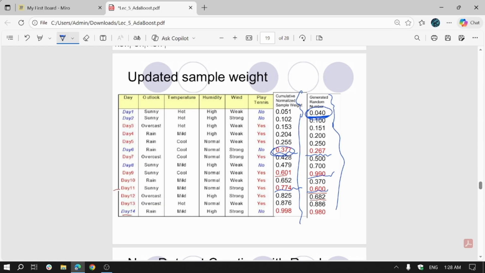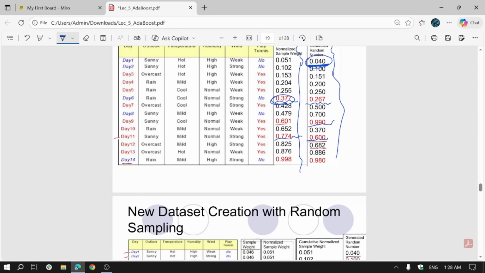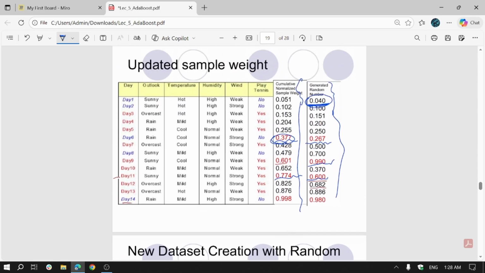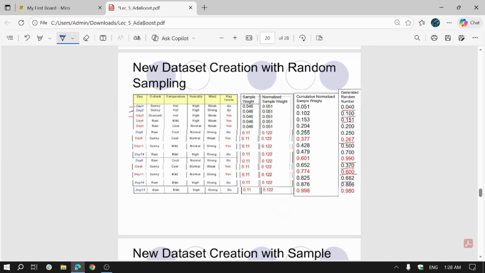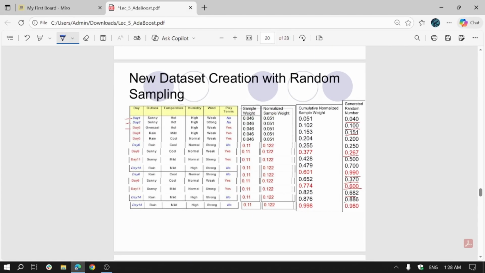Like here you can see there is 0.100-something distance, and there is a minimum 0.3 distance. This way you can create random numbers.